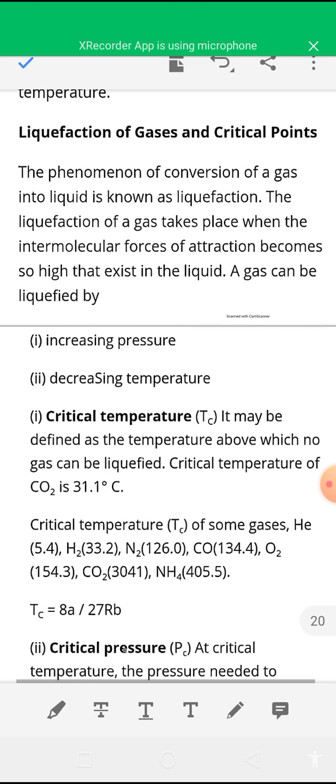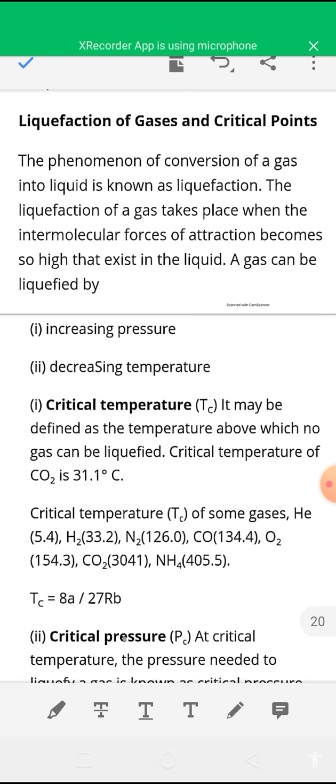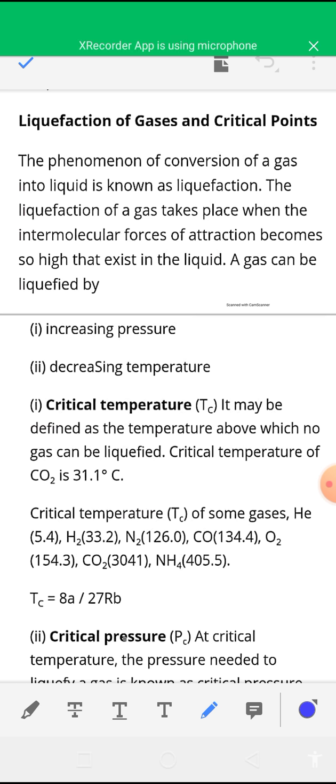Now see liquefaction of gases and critical point. Liquefaction of gases, new topic. The phenomenon of conversion of a gas into liquid is known as liquefaction.